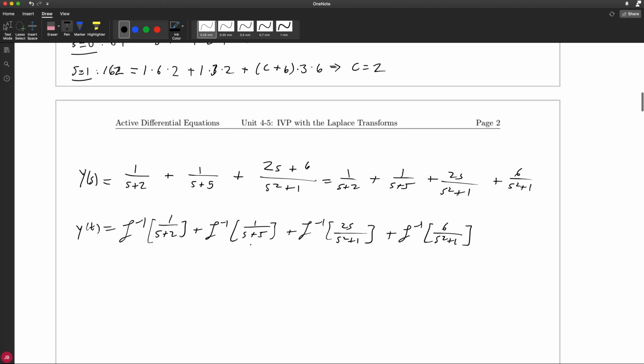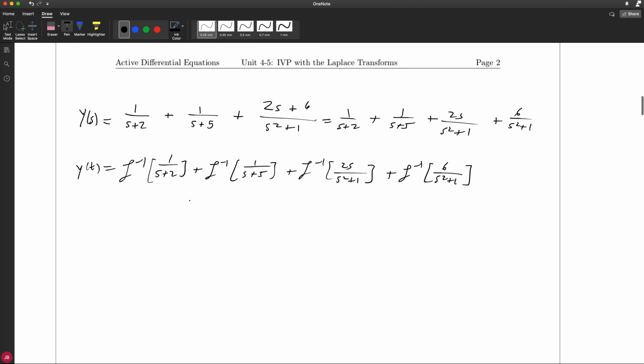And so solving all of that, this here is e to the minus 2t. This one here is e to the minus 5t. This one here, I can factor out the 2, and then I just have a cosine identity, so this is 2 cos t.